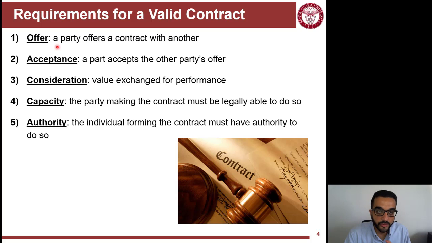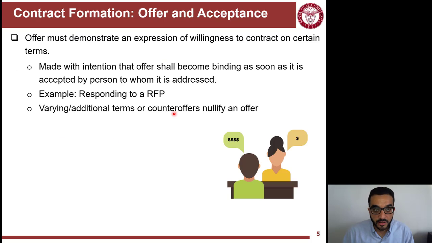And then the last thing is authority, especially when you deal with companies. So not anyone in the company can make the company go into a contract. There are the officers of the organization who will commit this organization to a contract. So 5 things: offer, acceptance, consideration, capacity, and authority.